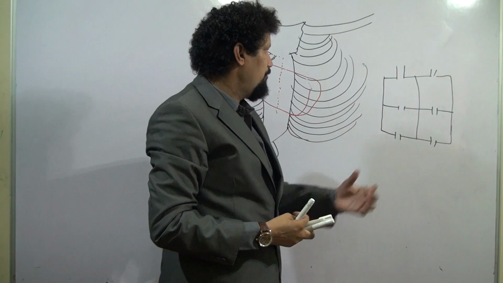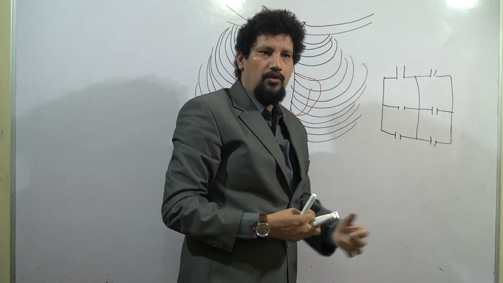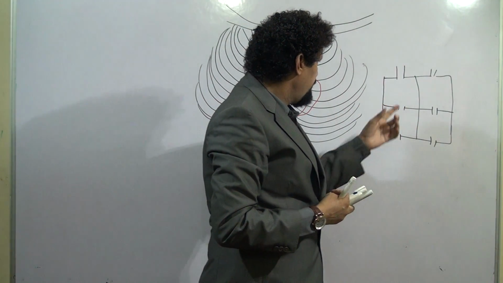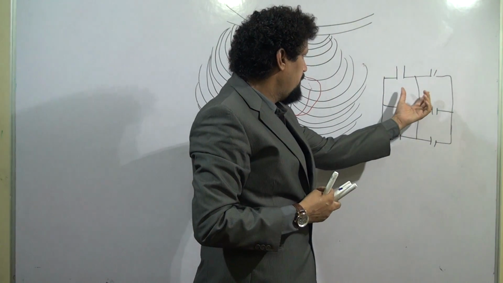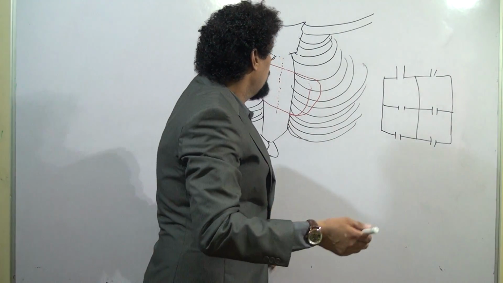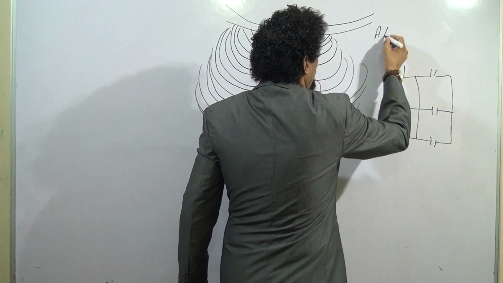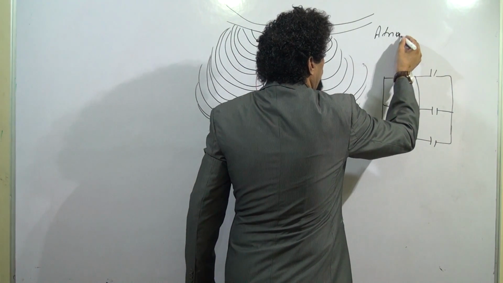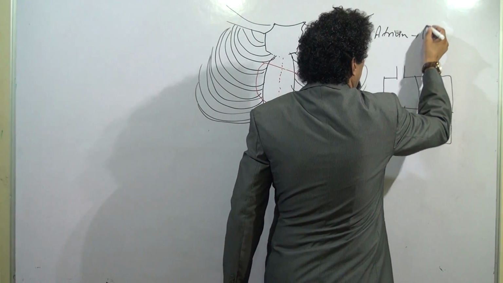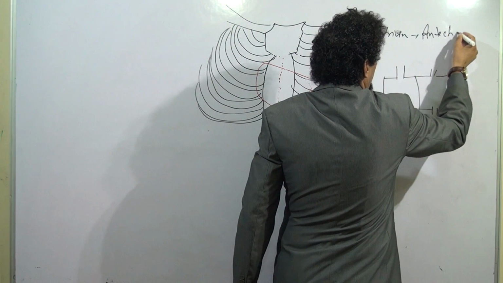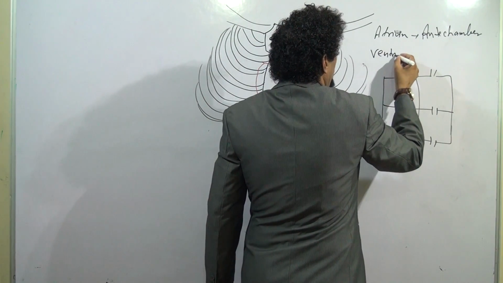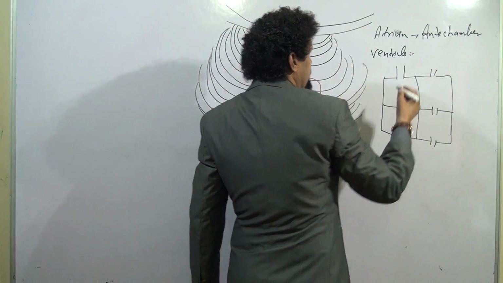Heart is made up of four chambers. Two posterior superior are the two atria, and anterior inferior are the two ventricles. Atrium means the antechamber, and ventricle means the small belly.